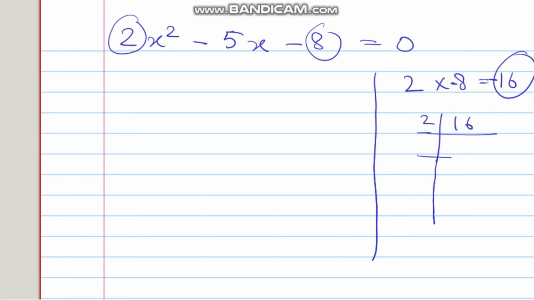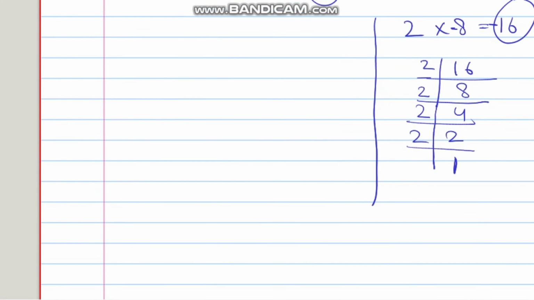So basically just split the 16: 16 divided by 2 is 8, 8 divided by 2 is 4, 4 divided by 2 is 2, and 2 divided by 2 is 1. Dear students, first of all we will make these factors.